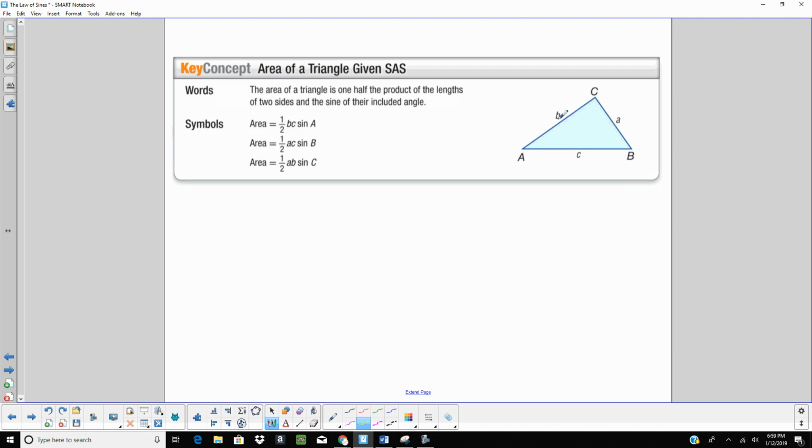So if I know B and C, I need to know angle A. If I know sides A and B, I need to know angle C. If I know sides A and C, I need to know angle B. I don't really pay attention to the formula very much. All I do is think about, do I know 2 sides, and do I know the angle that is between them?